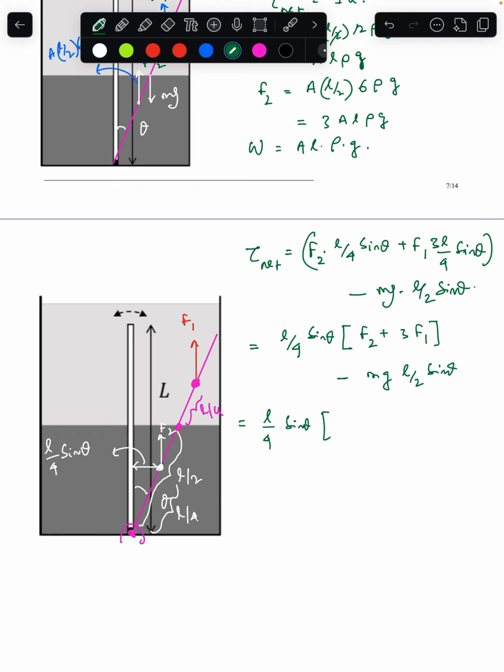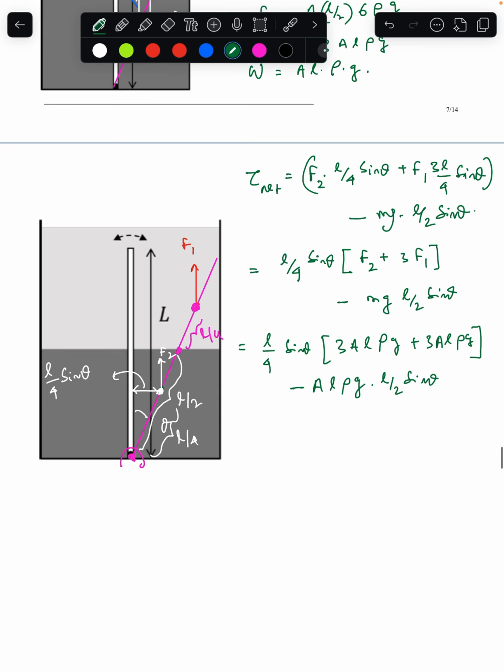F2 we have reduced to 3 A L rho g, plus 3F1, which becomes 3 A L rho g, minus 2mg, where mg is already A L rho into g.